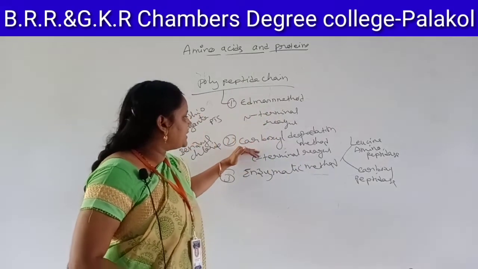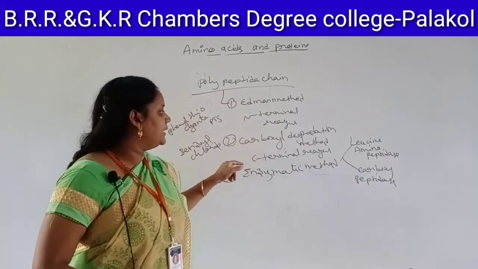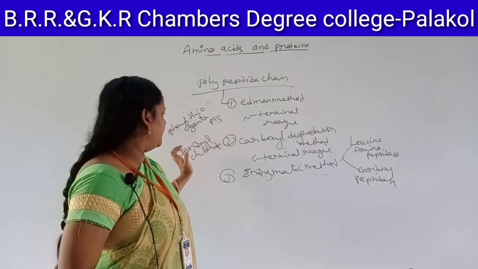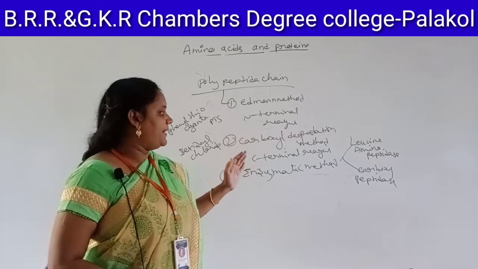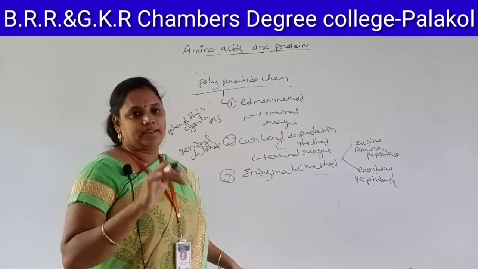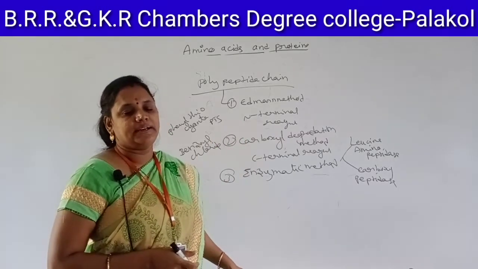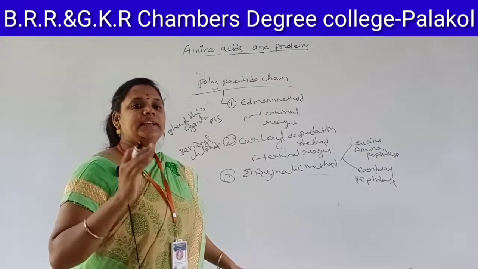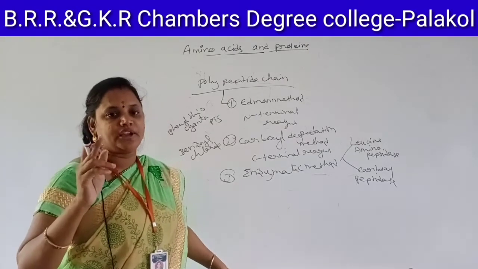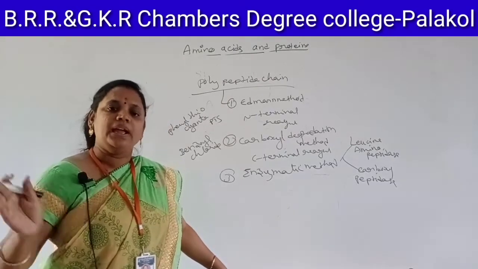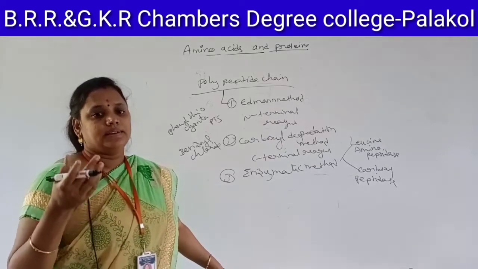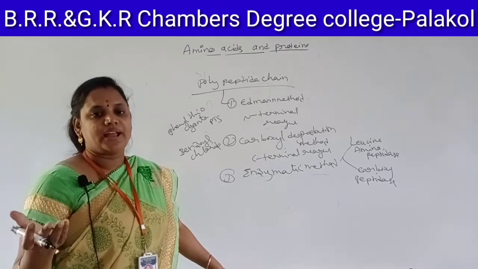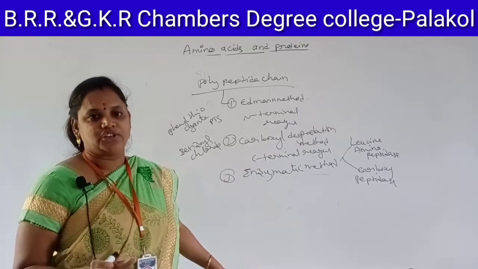Next, carboxyl degradation method. In this, reagent benzoyl chloride followed by ammonium thiocyanate, what happens? It attacks the C-terminal amino acid. On further process, the C-terminal amino acid, the first amino acid from the polypeptide chain, will be removed. Again, it attacks the second amino acid at the C-terminal in the polypeptide chain.